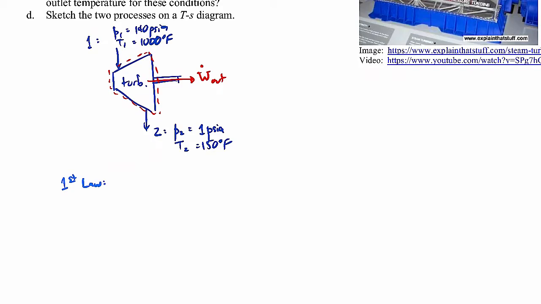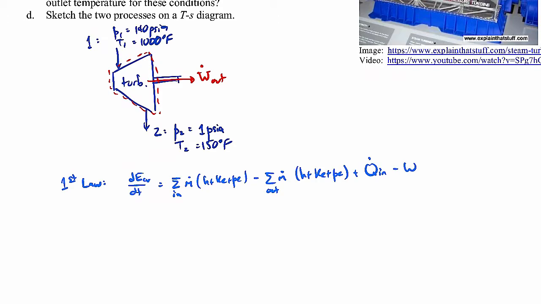You've done many of these, so hopefully it should be straightforward by this point. We'll write out the first law to be complete. Again, I encourage you to do it this way. I know it seems tedious, but the way to do it is you start with the basic equation in its full glory, and then you simplify it using your assumptions. It's really the best way to communicate your solution approach.